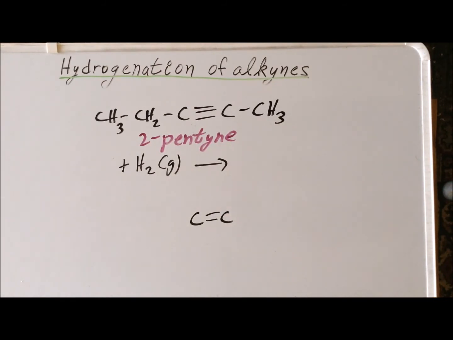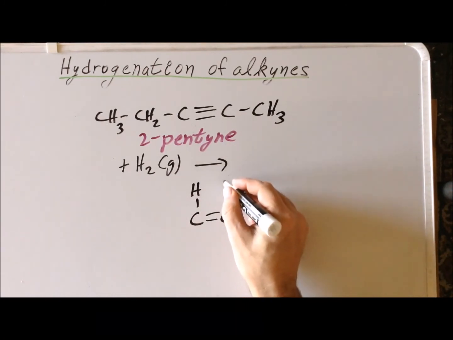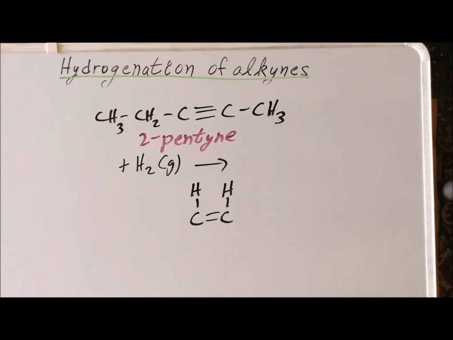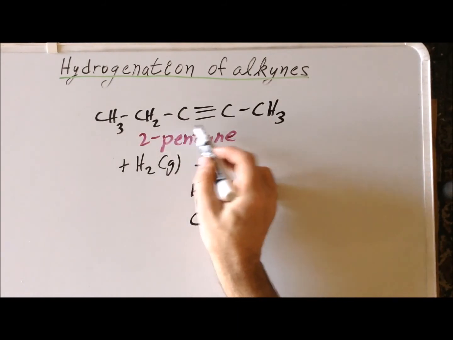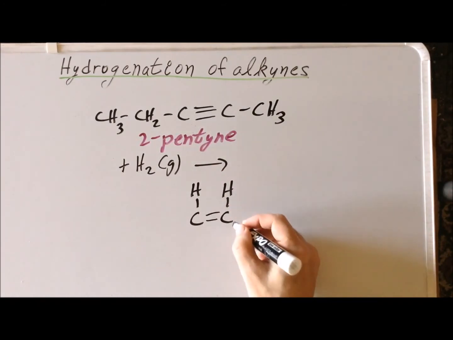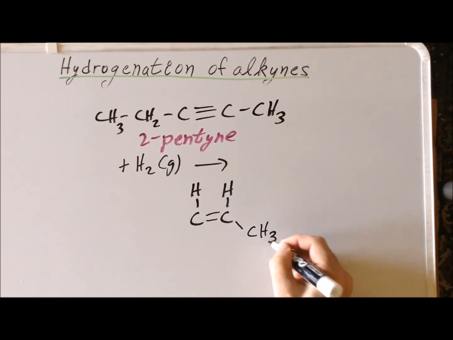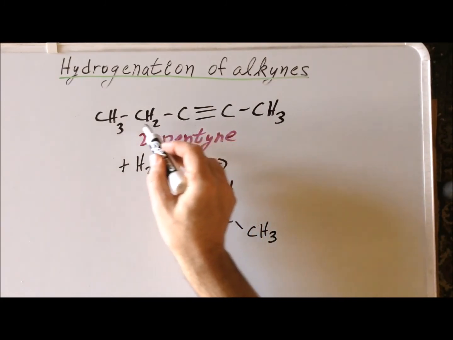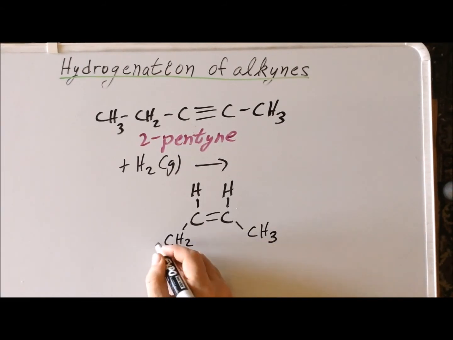If we use the Lindlar catalyst, both of the hydrogens will be on the same side. So this time I'll write it with them on the top, but they're both on the same side. These two carbons are the carbons that are in the carbon-carbon triple bond here. Attached to this carbon, the other bond goes to a methyl group, and attached to this carbon, we have an ethyl group here, so we have CH2, CH3.